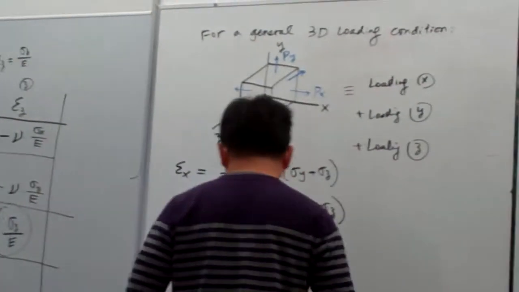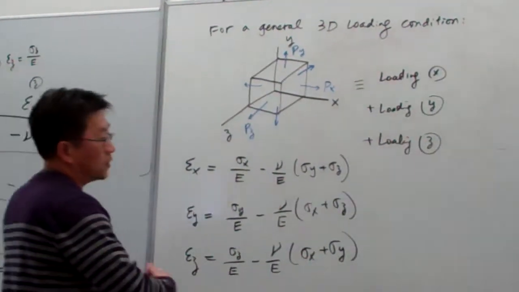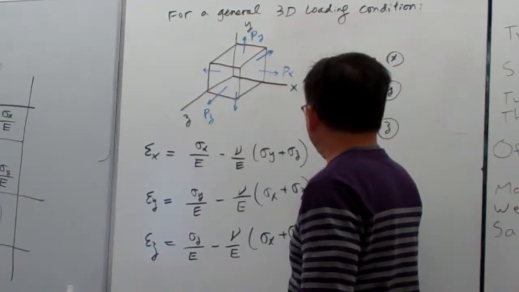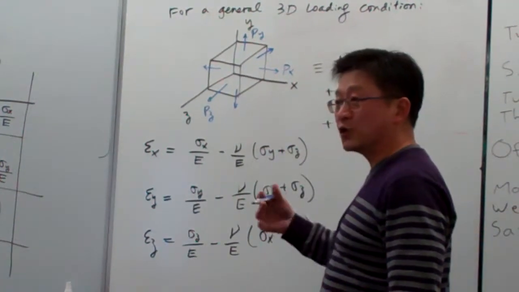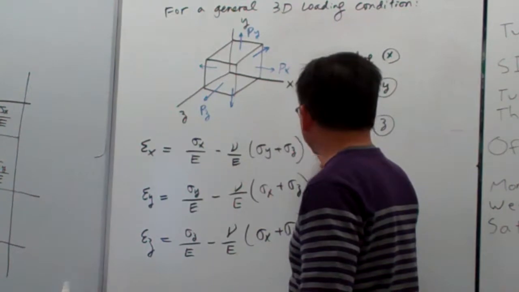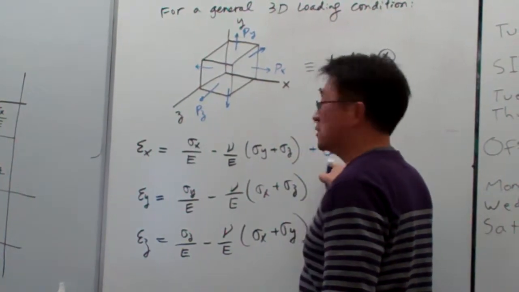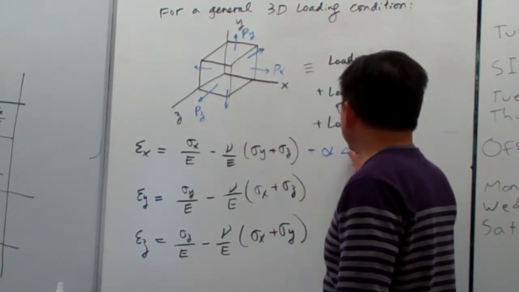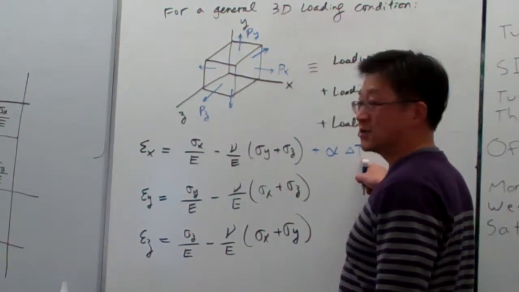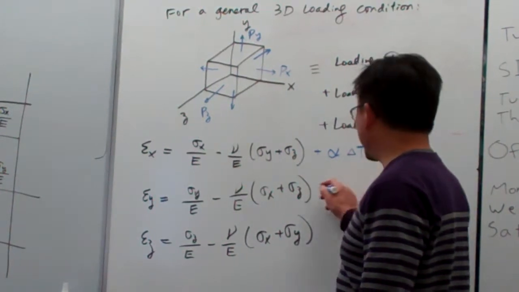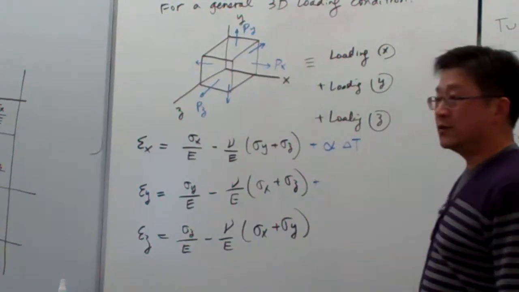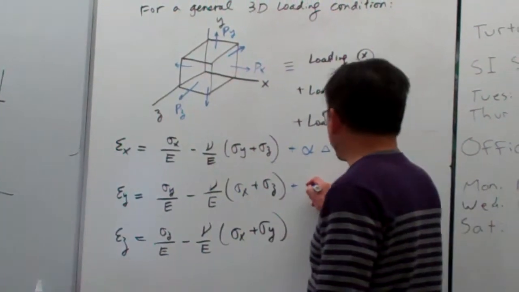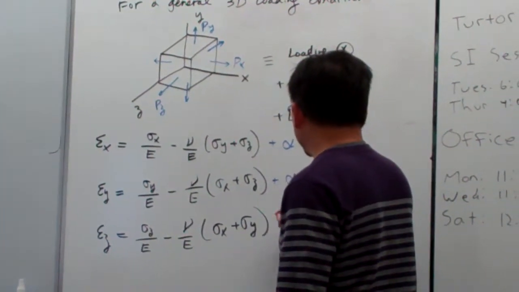In general, Hooke's law will also consider thermal deformation. The thermal deformation is just an additional loading type, so usually we write it as the coefficient of thermal expansion multiplied with the temperature. Temperature is a thermal loading, and the thermal loading usually is homogeneous and isotropic, so it is simply added up in each of the directions.